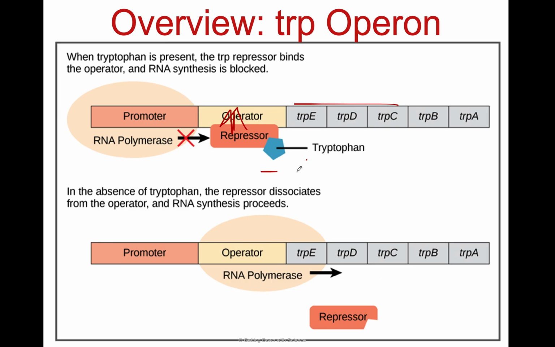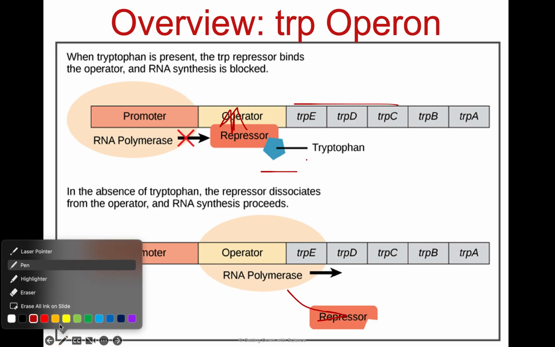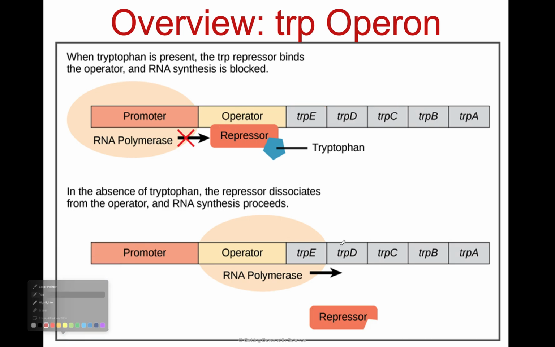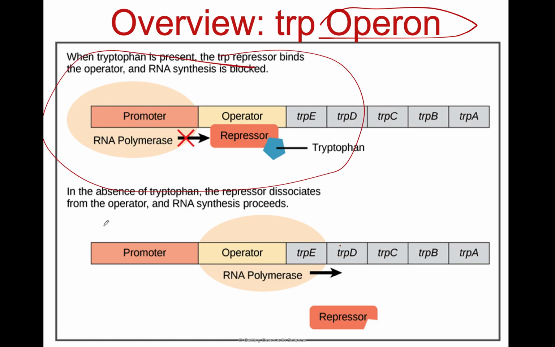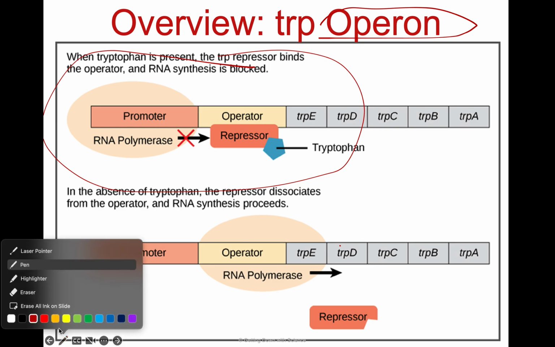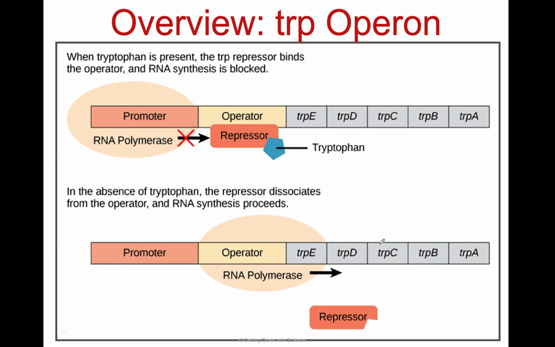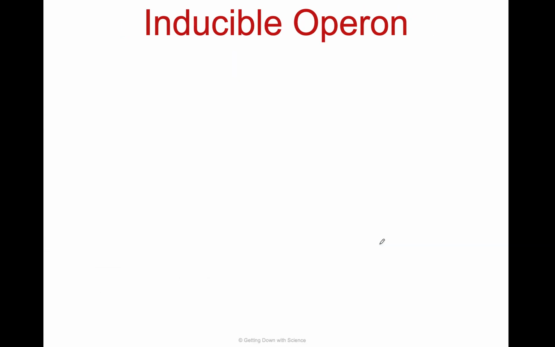But when there's no tryptophan, this thing falls off. It's actually kind of elegant, right? If we need more, it falls off and makes more. If we have a lot, we don't need it, it stops. We call this whole process an operon. Pretty cool stuff.